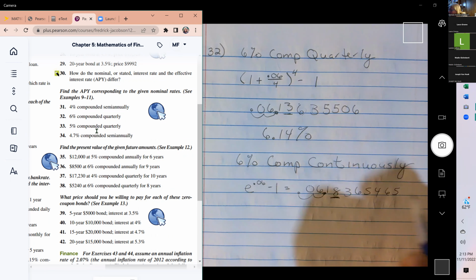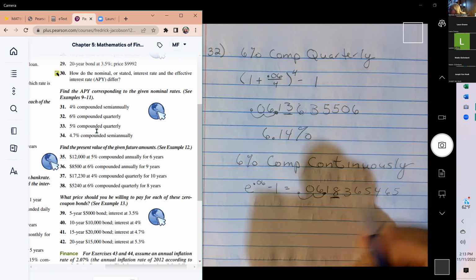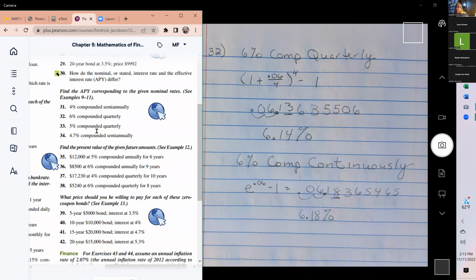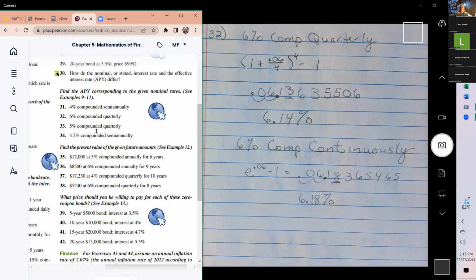This 8 would be the hundredths. This is a 3, so this will stay at 8. 6.18%. Any questions on the compounded amounts?